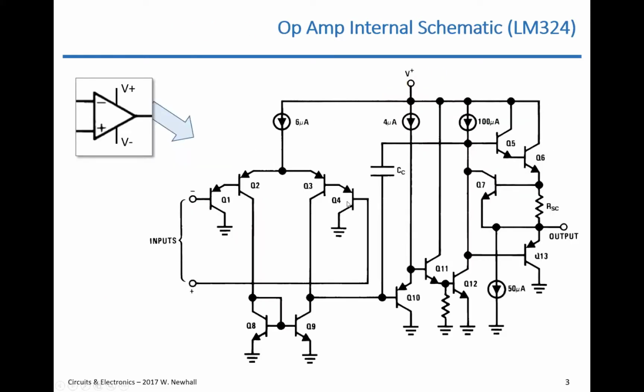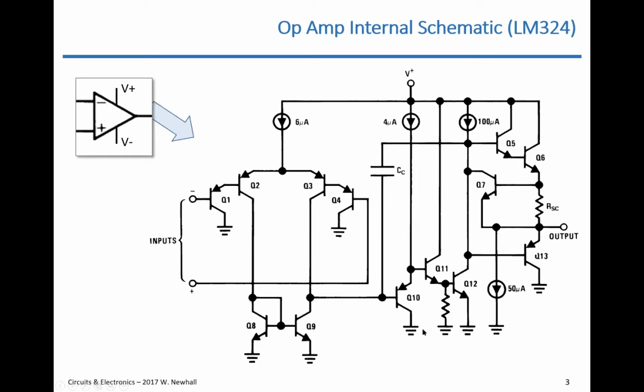This is actually a simplified schematic of one of the op-amps inside the chip. This is an LM324, one of the op-amps. And so this explains how it works from the data sheet. And you can see all the transistors inside this op-amp. This is a current source up here. You can see the V+, this is VCC.